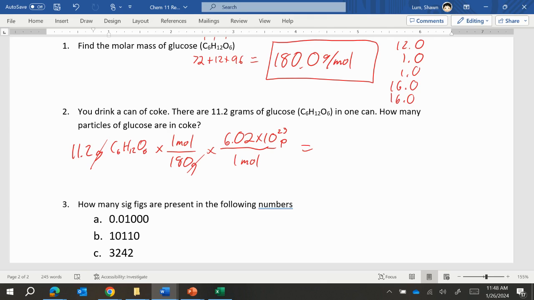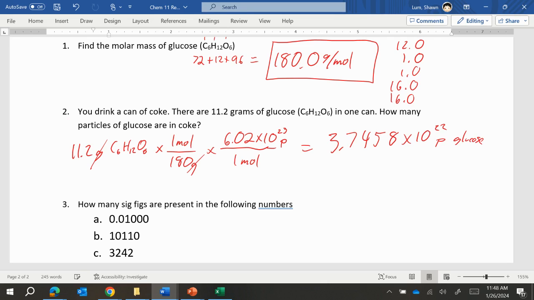And then times 6, oh shoot, I put the wrong number in there. 11.2 divided by 180 equals, and then times 6.02 times 10 to the 23 equals, and I got 3.7458 times 10 to the 22 particles of glucose.